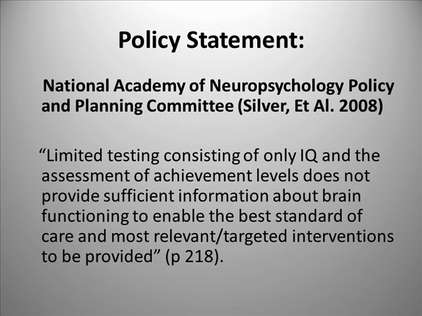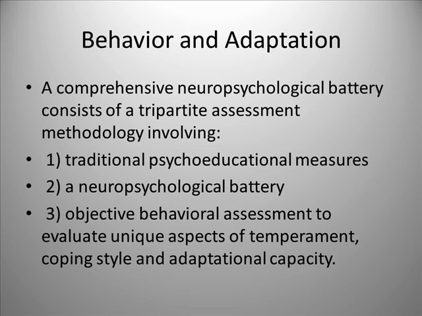So naturally, the National Academy of Neuropsychology, in order to give me a job, is going to lay claim to the stake: IQ and achievement testing alone is insufficient. In order to guide brain-based, evidence-based targetable interventions, we need to know something more about brain functioning.